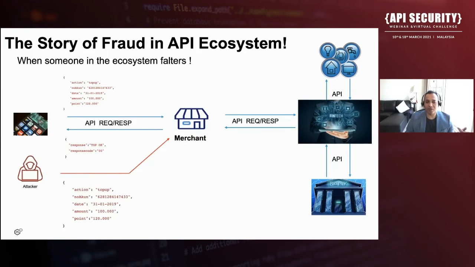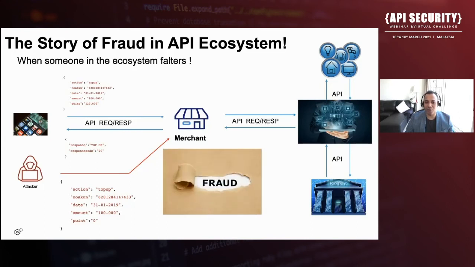But in this case, what they forgot was that their APIs were exposed. And if the API is exposed as a mobile banking application, people can still open the API or use the API without going through the mobile application. In this case, when the hacker sent the same top up request, they simply switched the points. Even though they didn't have any points on the system, because the exact control of points to value conversion was in the mobile banking application's UI, they were able to make a top-up request, and this request went through.